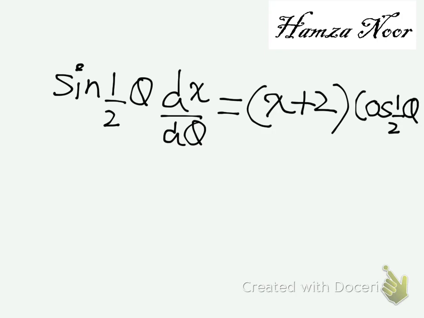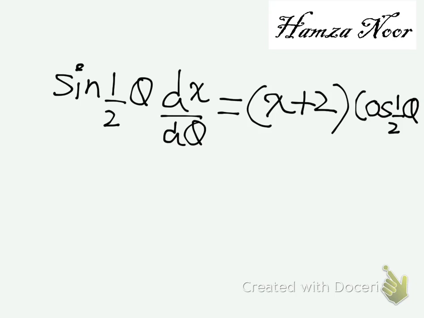First thing we need to do is make this question easier to solve. So all you need to do is arrange all those terms which are in terms of x with dx, and all those terms which are in terms of theta with d theta.